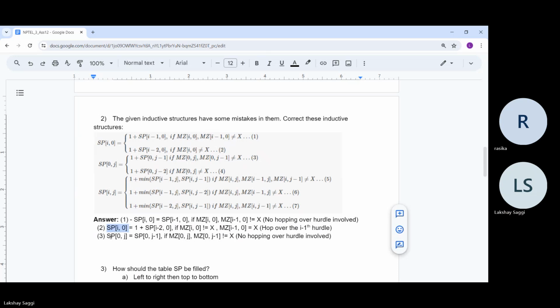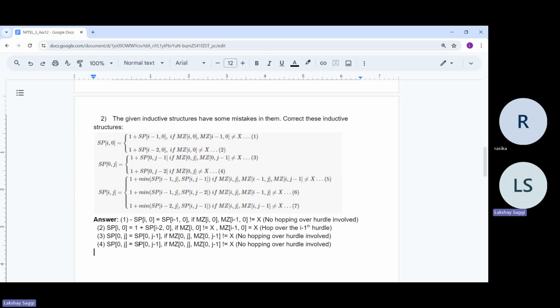Similarly, if one of these has a hurdle, if the j minus 1 has a hurdle, then we'll effectively need a hop. So SP of 0 comma j will be equal to 1 plus SP of 0 comma j minus 2, if the 0 comma j itself does not have a hurdle, because obviously we'll be reaching these points, but the j minus 1 has a hurdle.